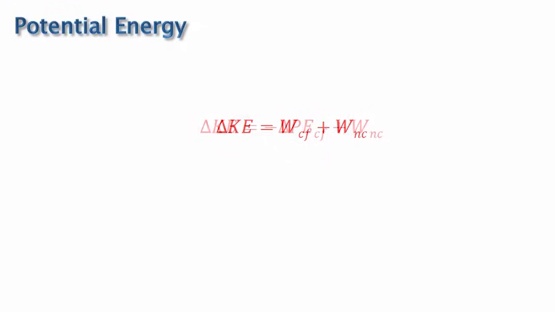The equation then becomes this. And if we continue to organize the equation so that the change in the system's energy is on the left side of the equation, then we can move this potential energy term to the left side of the equation as well, like this. So now we have modified the work-energy theorem to separate out the potential energy of the system.